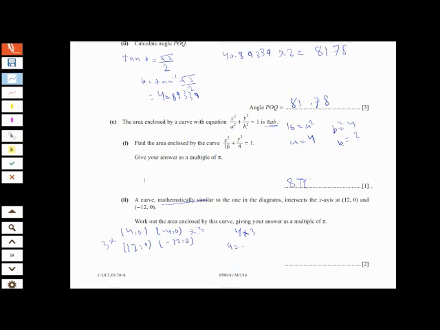The new b is 2 times 3, which is 6. b equals 6. And now we're using the equation that they gave us, pi ab. It's basically pi times 12 times 6. 12 times 6 is 72, so the answer is 72 pi.